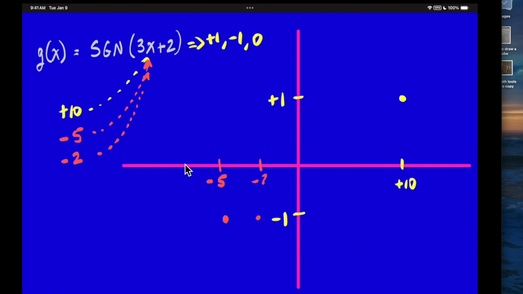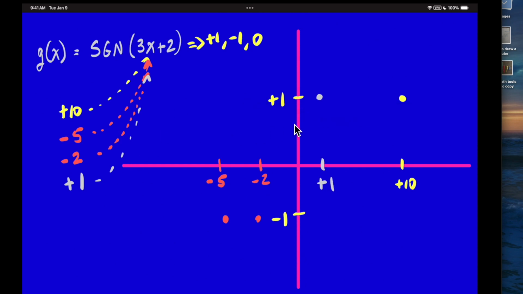When x equals negative 2, the y value is still going to be negative 1. Now, what if we put a value of x equals positive 1 in here? So positive 1 is going in. The inside function is going to work on that, and we're going to get positive 6, so it's still going to be positive 1. But look what's happening here, folks.